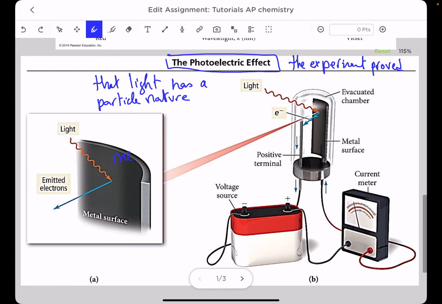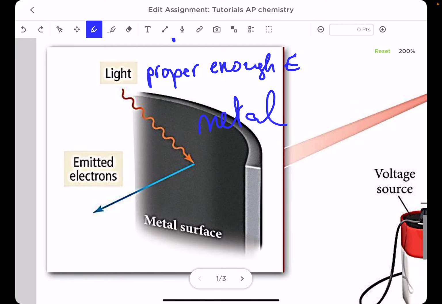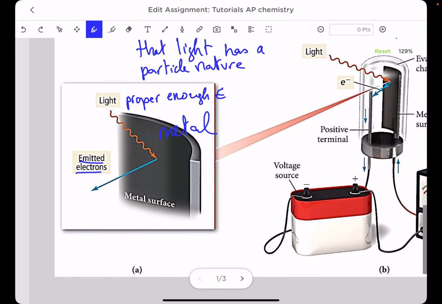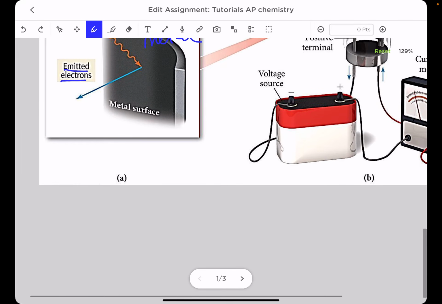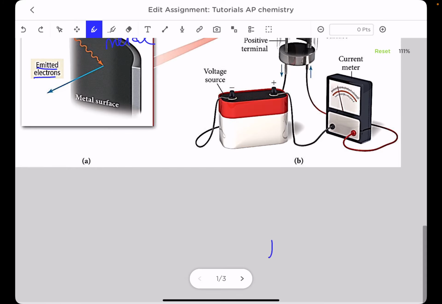Let's look at this metal over here. We are shining a light on this metal, of course, light with proper enough energy, and there is an electron emitted. Now, how is that a particle? I'm just going to give you a very simple example. Let's say I have a tree of apples.